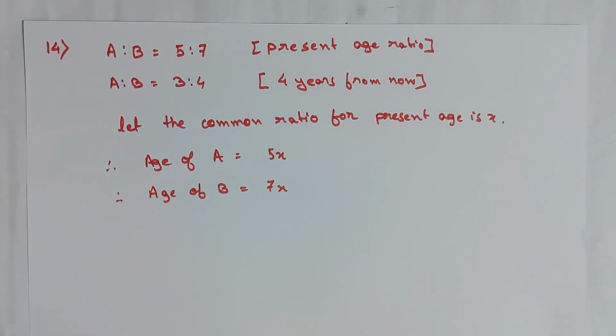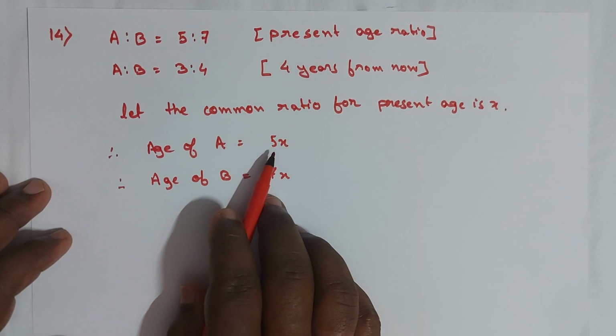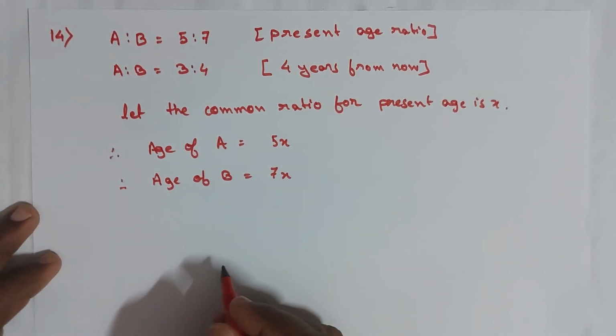So 5x and 7x. If suppose your age right now is 10 years, so 4 years from now your age will be 10 plus 4 equals 14. So present age of A is 5x, so 4 years from now A's age will be 5x plus 4, isn't it?